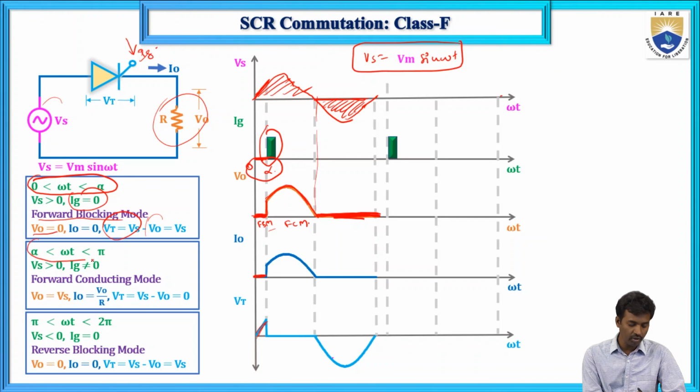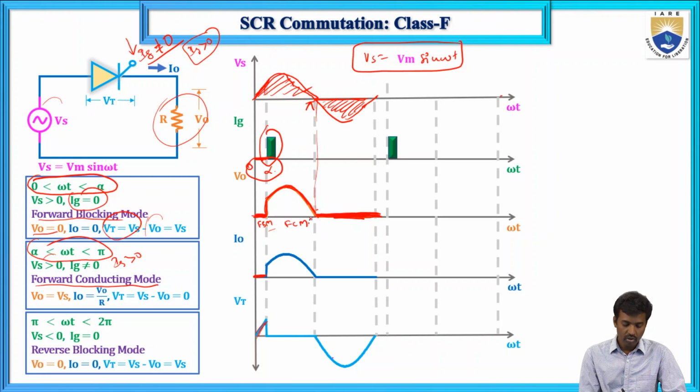From alpha to pi, it will conduct up to pi. Here Vs is greater than 0, and we are giving the gate pulse, so Ig is not equal to 0. We should not give any negative pulse to this one, so Ig must be greater than 0. Now it is in forward conducting mode.